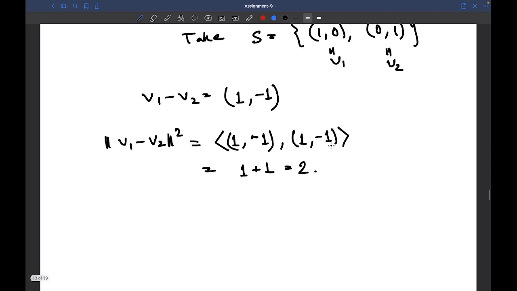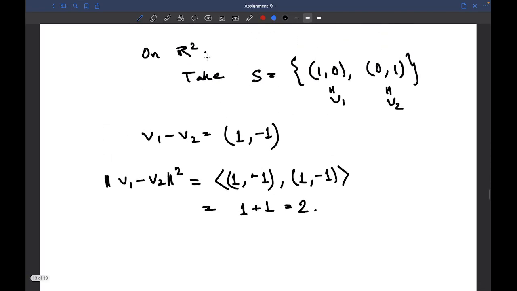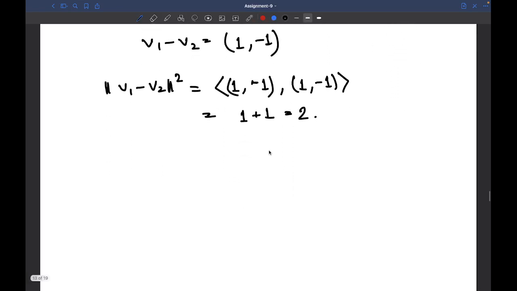Here the inner product is the usual inner product. What is the usual inner product? The usual inner product of (x1, y1) with (x2, y2) means x1 x2 plus y1 y2 on R2.